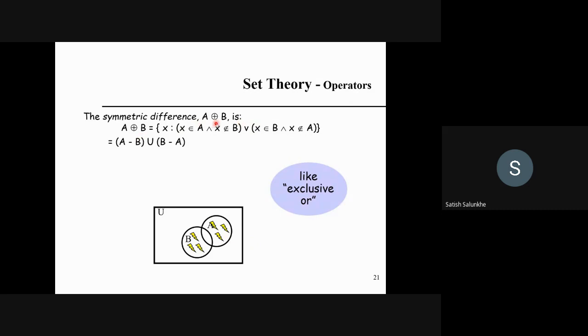A symmetric difference B is the collection of all the elements X such that X belongs to A and X does not belong to B, or X belongs to B and X does not belong to A. Or it is also equivalent to A minus B union B minus A. So come on now, tell me what is the answer. So it will be 3, 4, 7, 8, 9, 10.